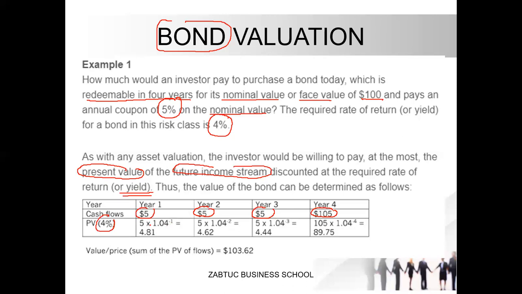Now it's important to learn new things. 1.04 to the power minus 1. You multiply by 5 multiplied by 1.04 to the power minus 1. Now some of you may remember that 1.04 to the power minus 1 is the same thing as what?